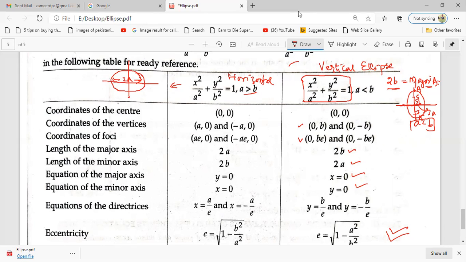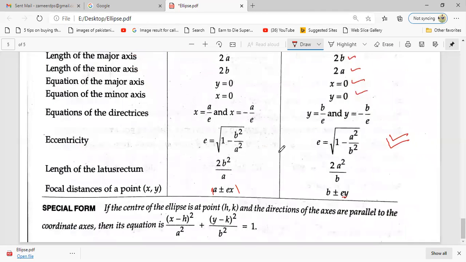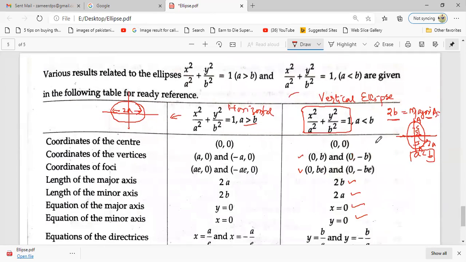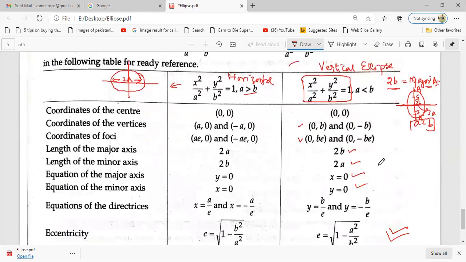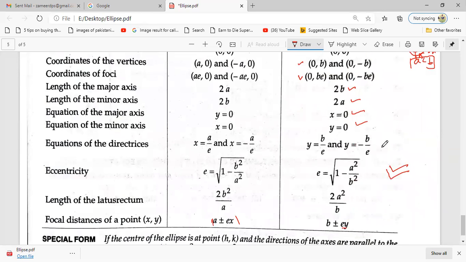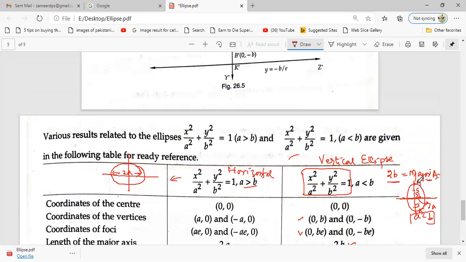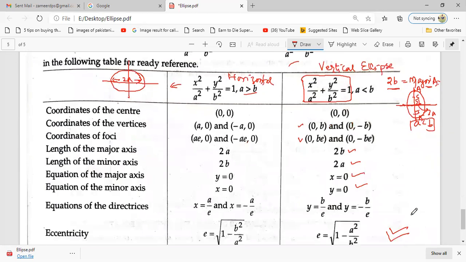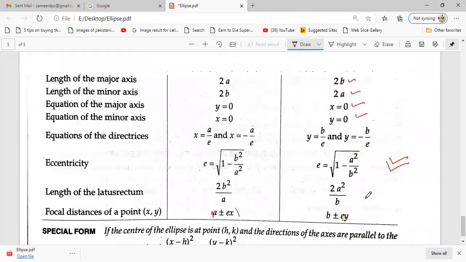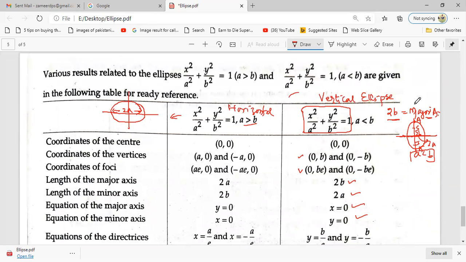Changing, so therefore the formula will be changed. a is replaced by b, or if somewhere a and b both are there, in eccentricity 1 minus b square upon a square will become 1 minus a square upon b square, and 2b square upon a will change to 2a square upon b. Or if you will not change the major axis, then your formulas will be same. a will be a, and all formulas will be same, if you take major axis as 2a. So it is up to you, whatever you can follow, but I think we will follow this one.